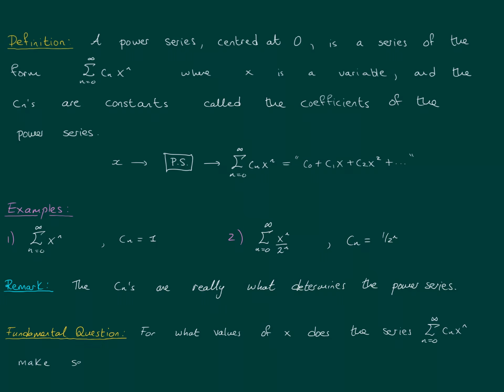What x's can you plug into this machine? I.e., for what values of x does this series converge? And that's going to be the fundamental question when talking about power series.